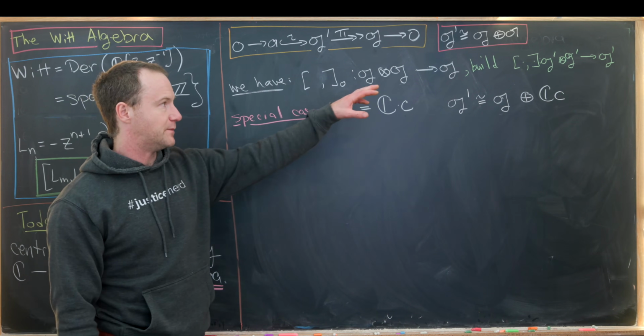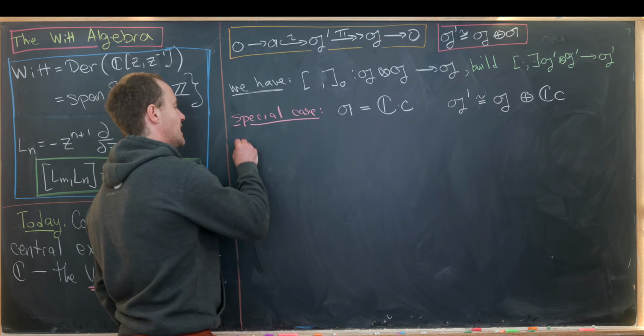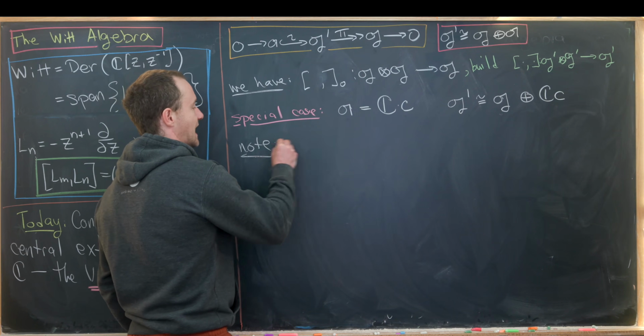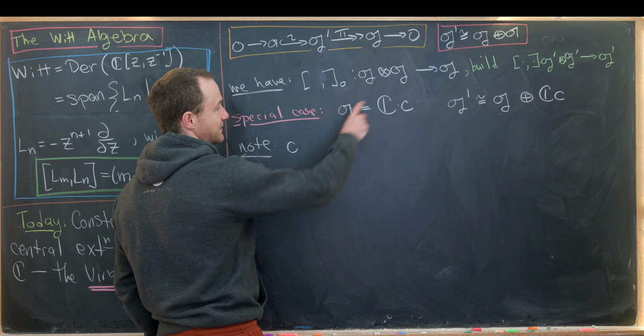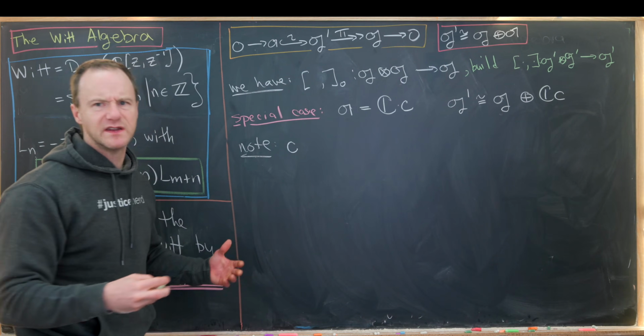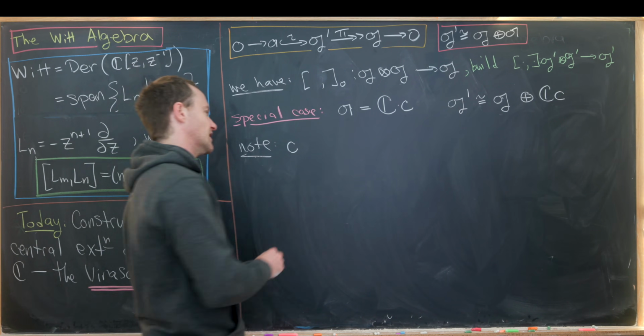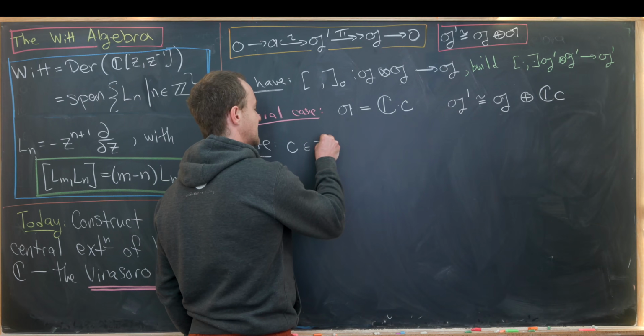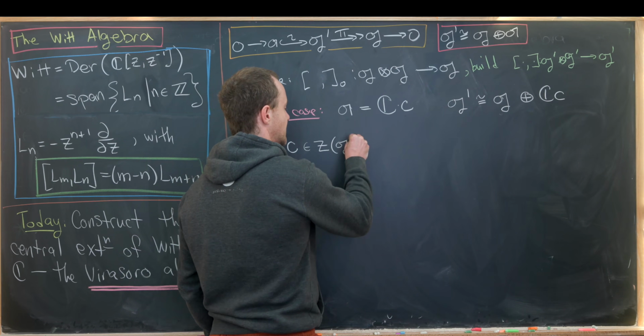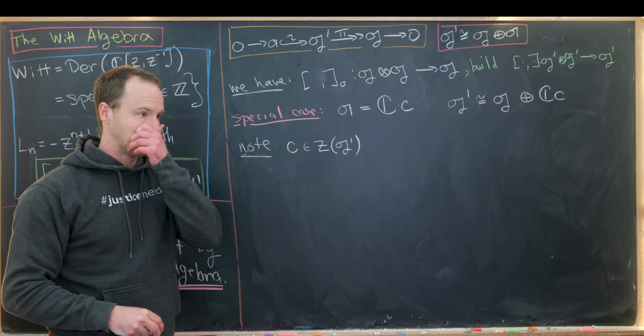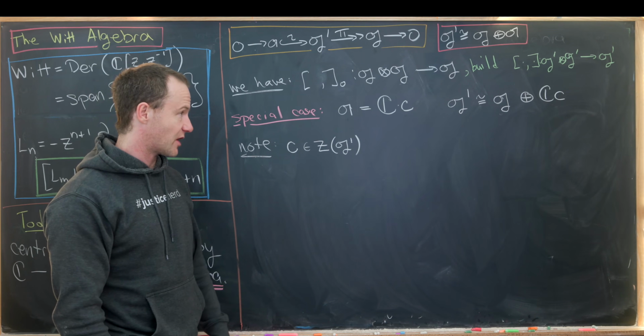Now, before we start building this bracket, I want to make one more note, and that is this vector C, which is the basis vector for A, our one-dimensional thing that we're building the central extension of, is most definitely in the center of G prime. So why is it in the center of G prime?